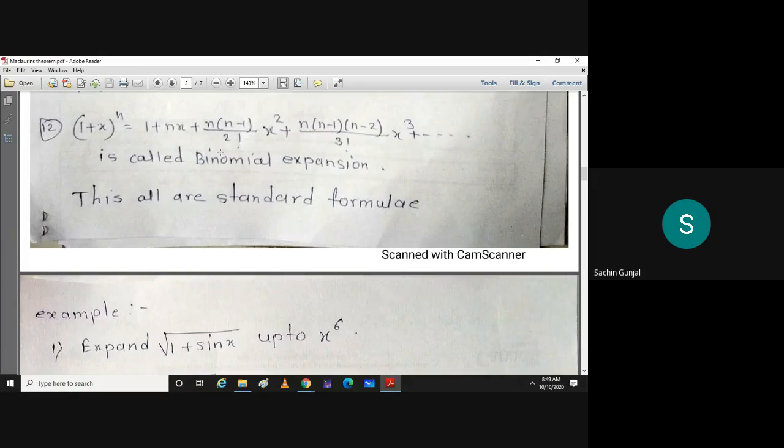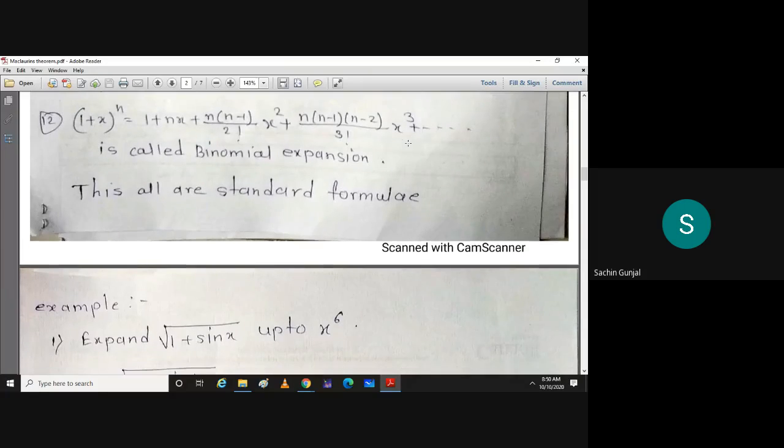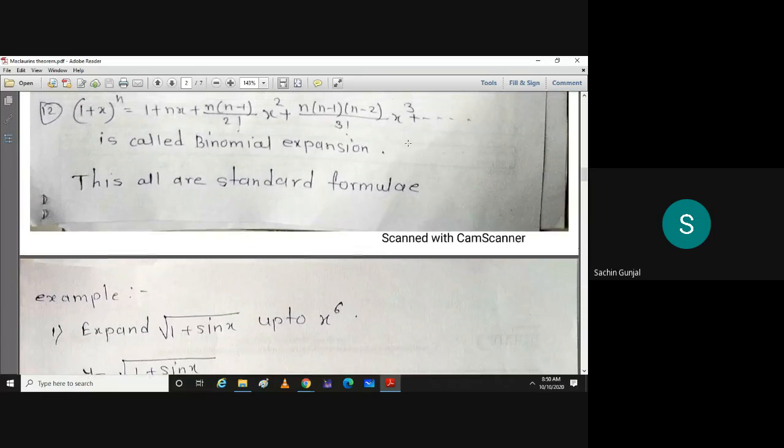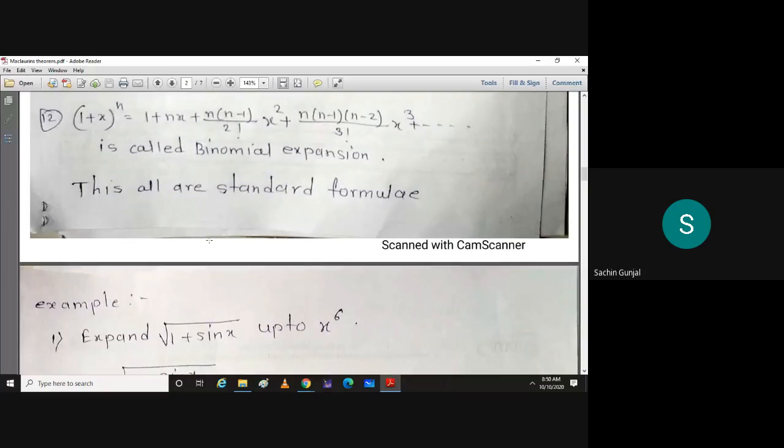And then you substitute the series of sine x, then its square, and then again its cube, which becomes complicated for further calculation. So I suggest you don't go for 1 plus sine x raised to half using binomial expansion.